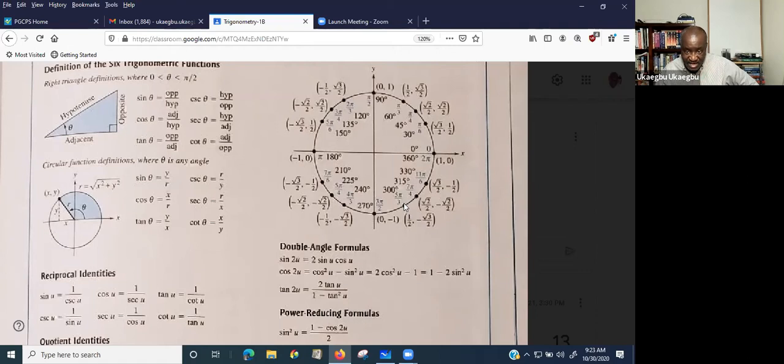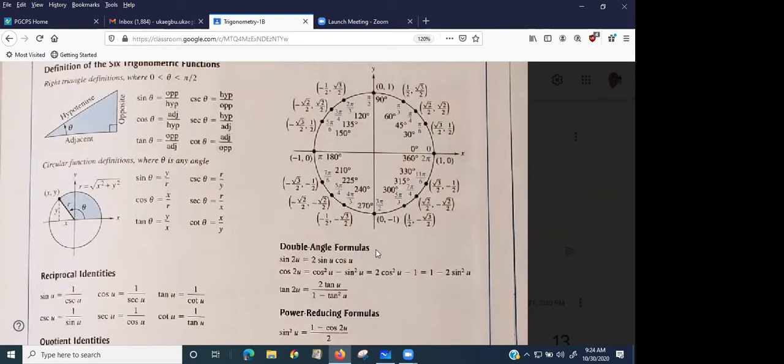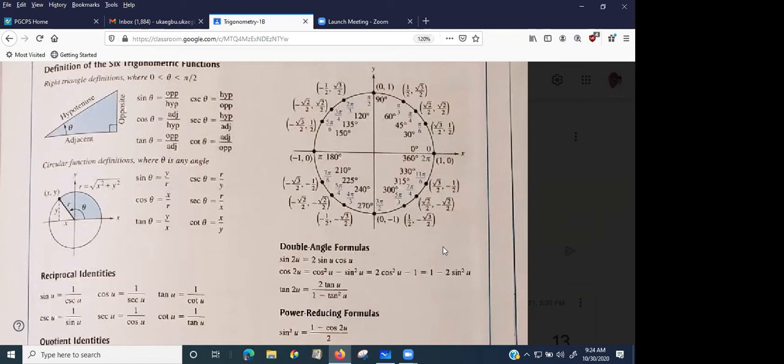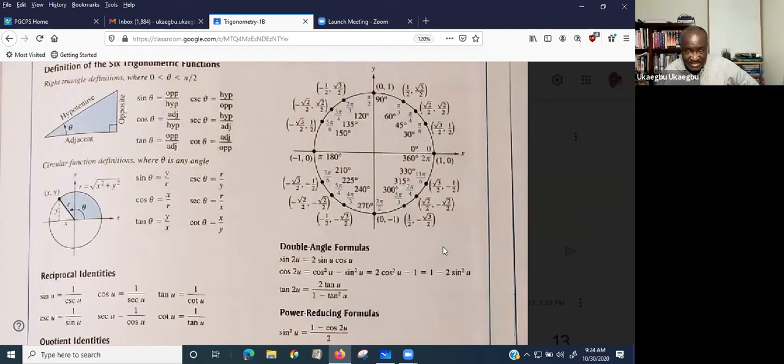Now if you look at the coordinates, can somebody read what the coordinate says at 300? Square root of 3 over 2 and then 1/2. Okay, you have to say the x coordinate first, x always. So the x is 1/2, the y is negative square root of 3 over 2. You see? So this is the coordinate.